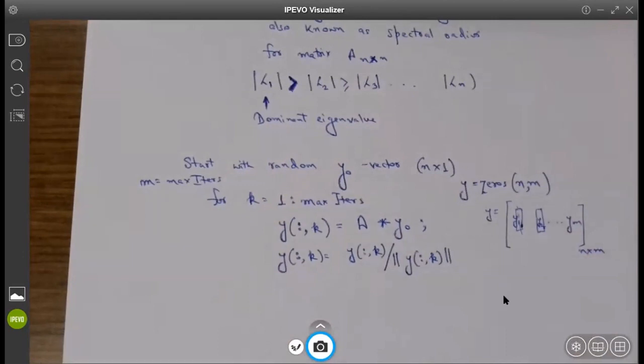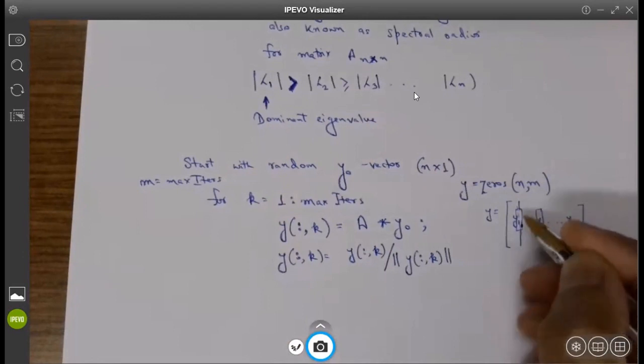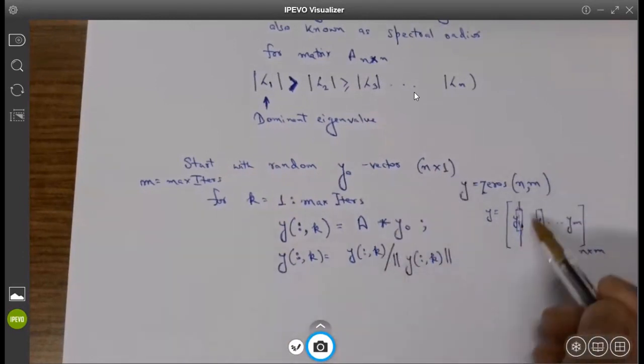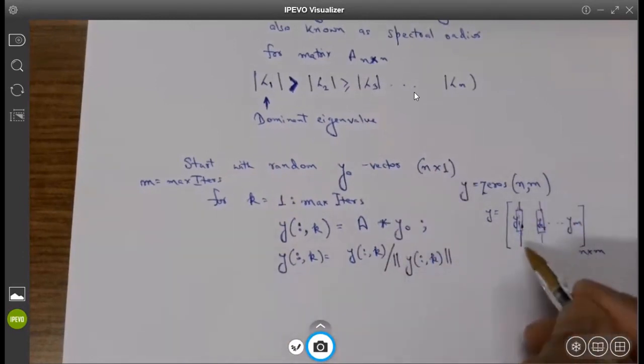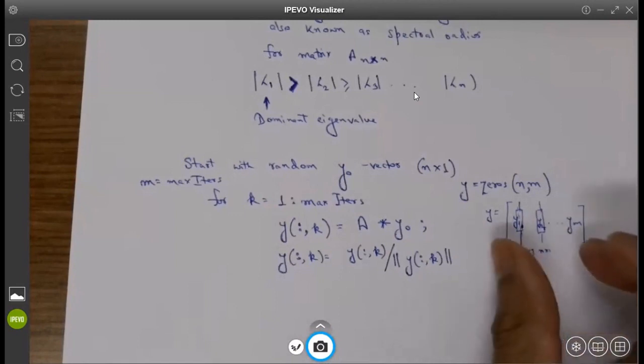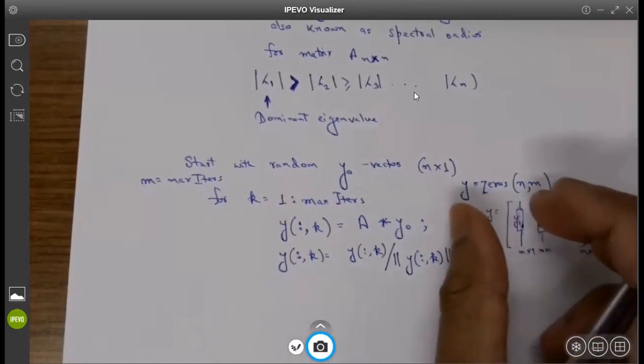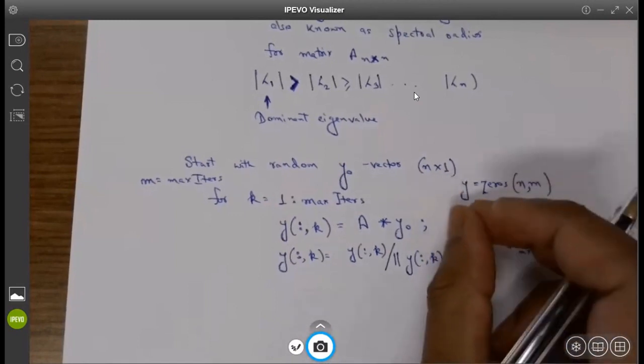There are certain chat questions. Professor, can you explain the colon again? I'm sorry. Basically, each column is an n-dimensional vector. This is n cross 1, this is n cross 1. So each one of them is an n cross 1, and you are just initializing the zeros for the y matrix.